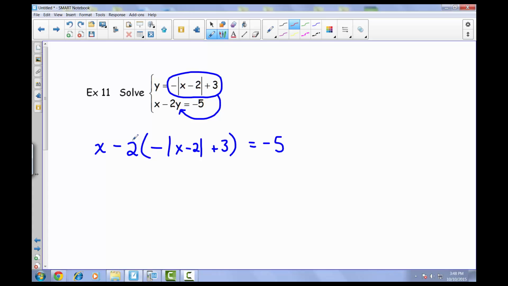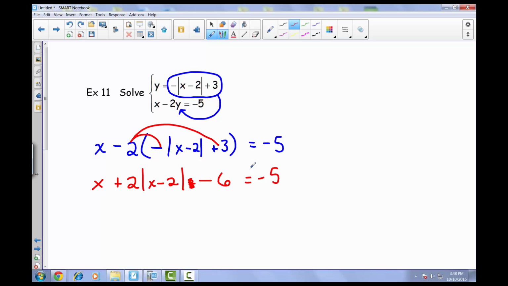Going ahead and distributing in this negative 2, we would end up then with x plus, negative times negative, that's why we have a plus, 2 times the absolute value of x minus 2, plus negative 2 times positive 3 would be a negative 6. So we can really get rid of this plus. And that's equal to negative 5.